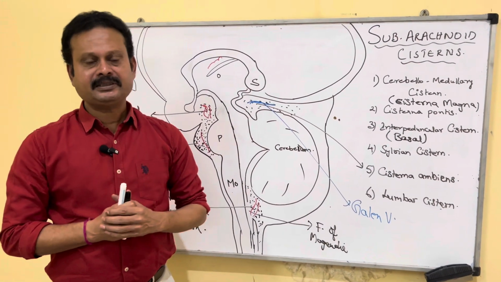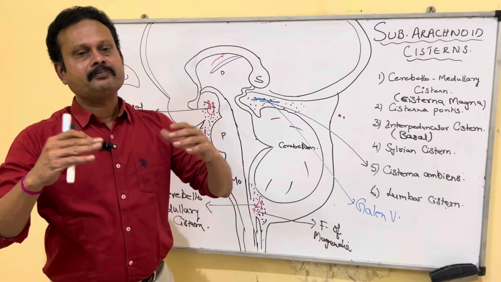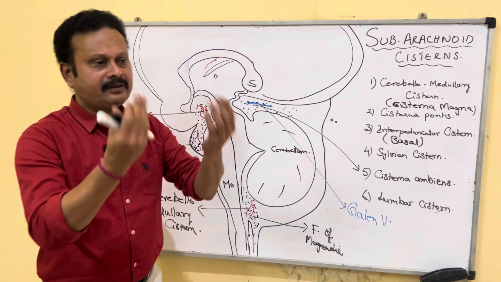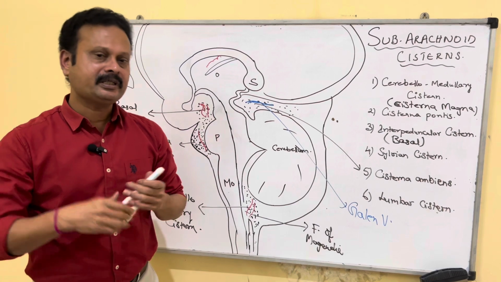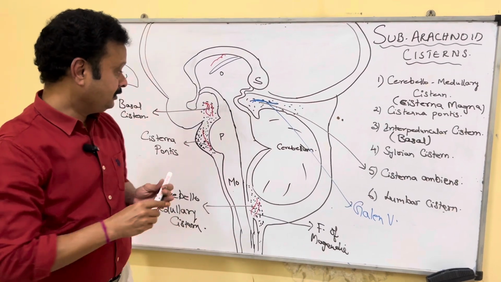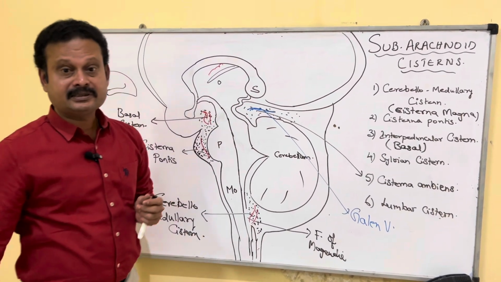When lumbar puncture is not possible, the other way to draw the cerebrospinal fluid is the cisternal puncture.